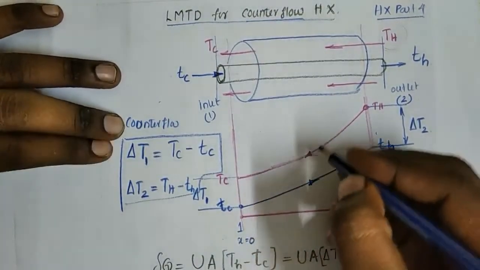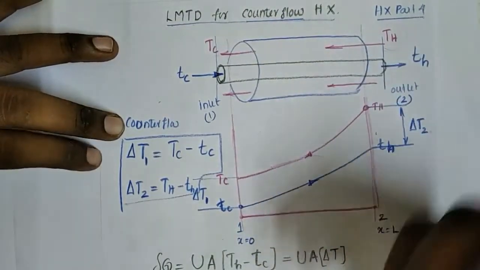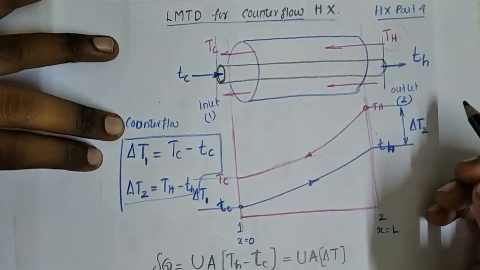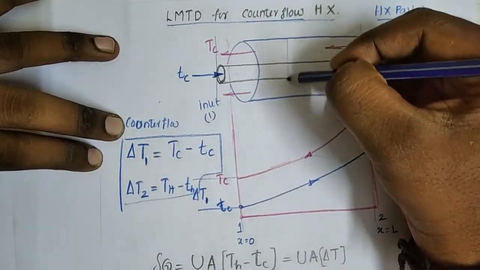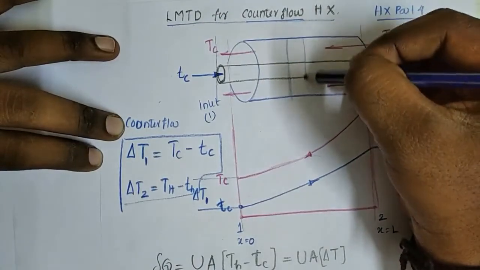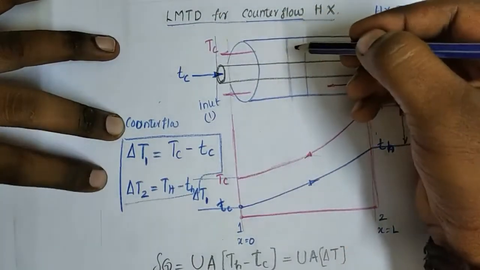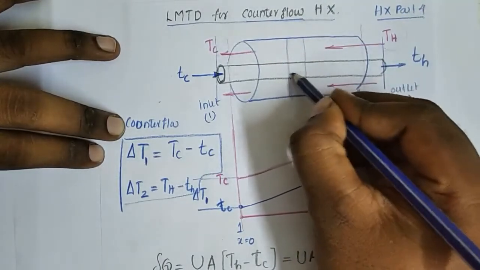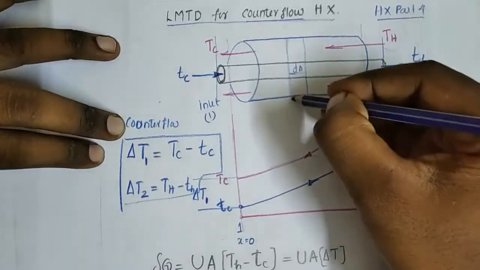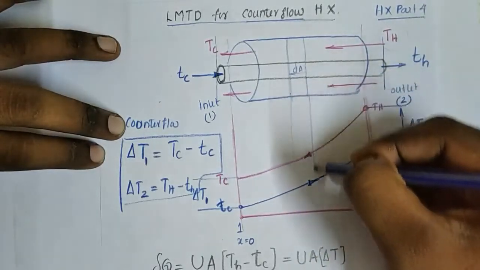As we know, we are going to analyze the heat exchange along the heat exchanger. For that, we are now just considering a small area, as in the previous case of the parallel flow heat exchanger. Now we are considering this dA, hence we are going to analyze this area.